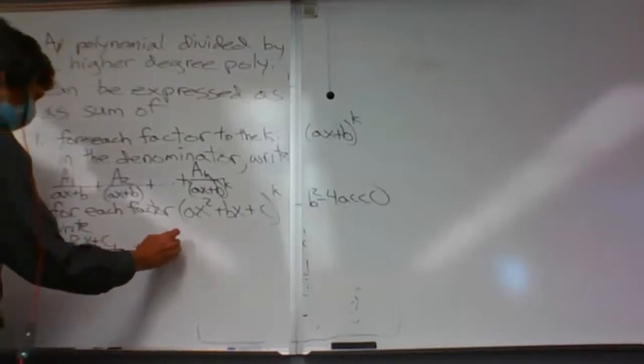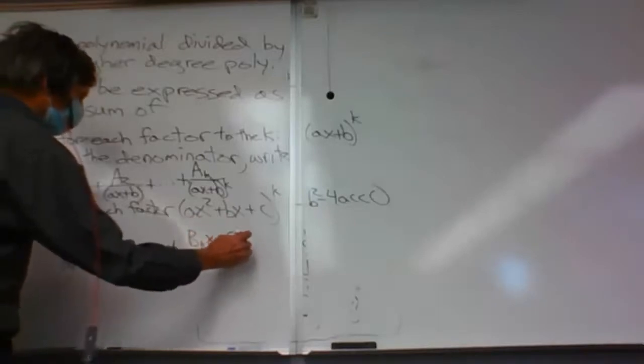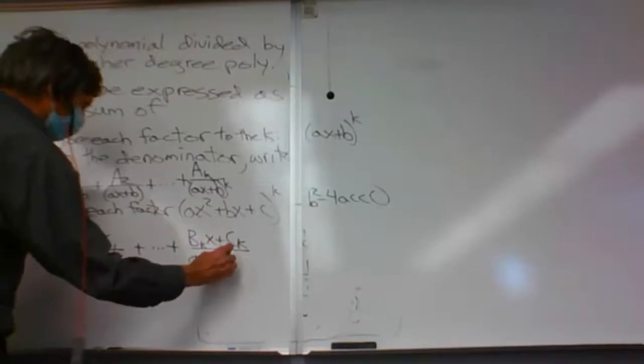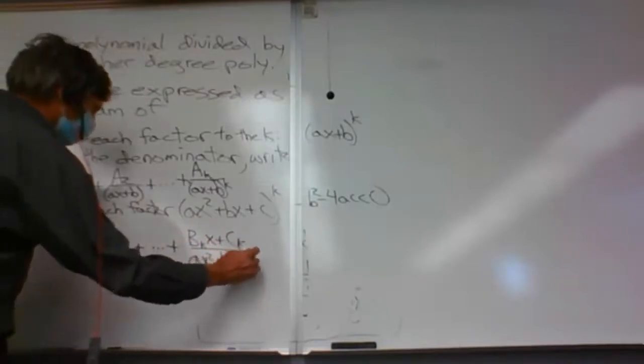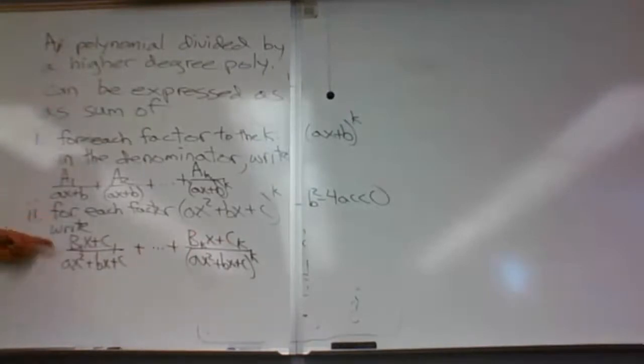Plus dot, dot, dot, and you write k terms here, bk x plus ck all over ax squared plus bx plus c to the kth power. So we didn't get to this one last time with the irreducible quadratics in it. We just did some of these.